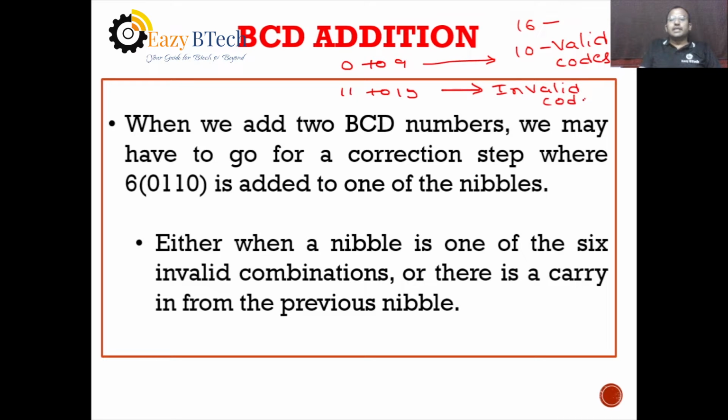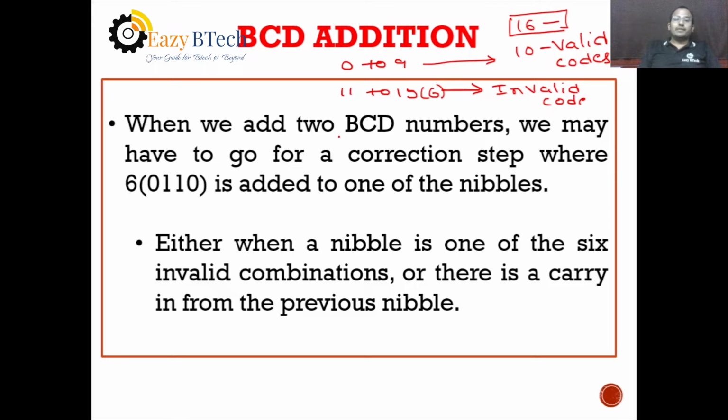This is the important point that we have to remember while using the BCD representation. So 0 to 9, the 10 are valid codes, whereas for 11 to 15 there are 6 combinations that are invalid codes.